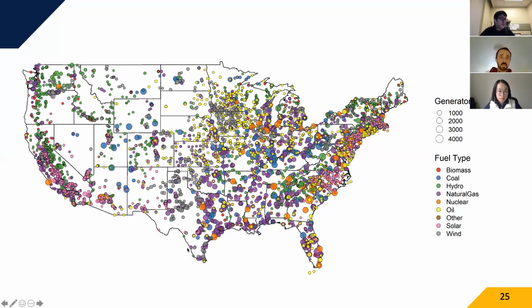There's a lot of gray in the Midwest. That's wind. That's where a lot of the highest and best wind resources are available, and so that's why you see them cluster around here. It makes sense for these to be the location for that.